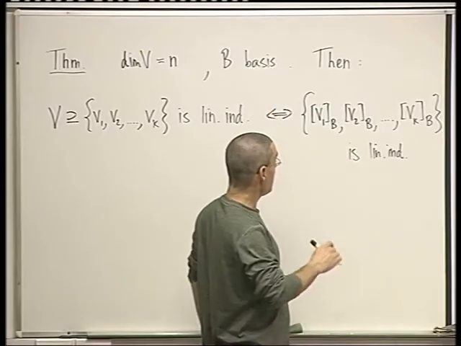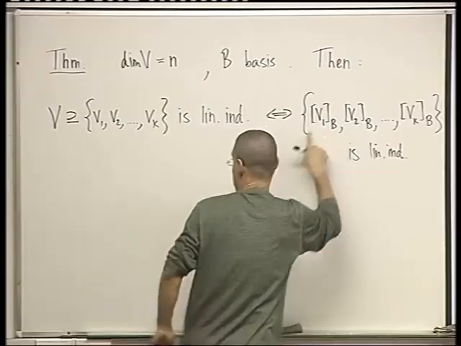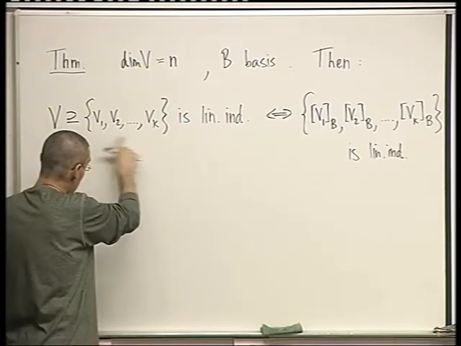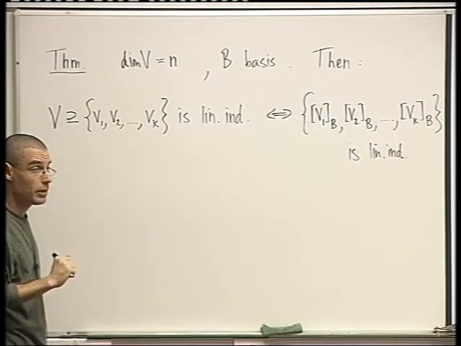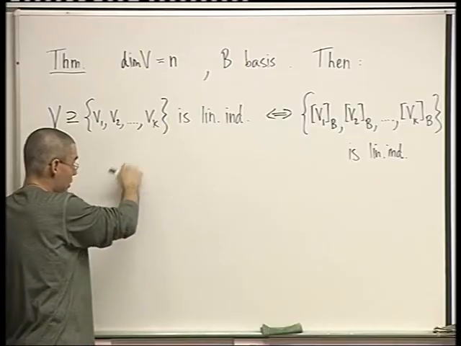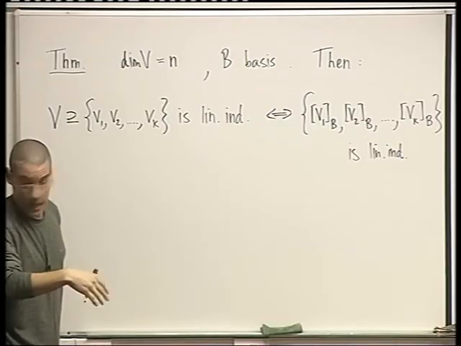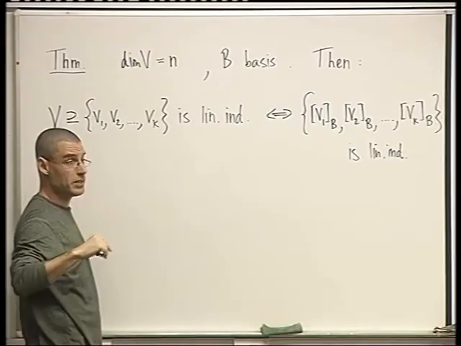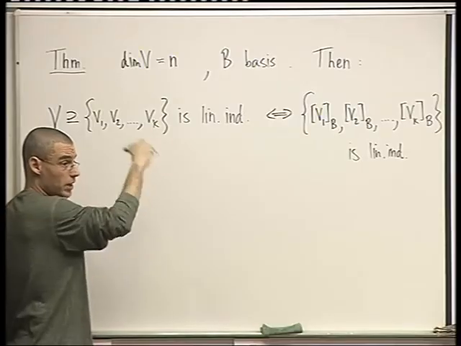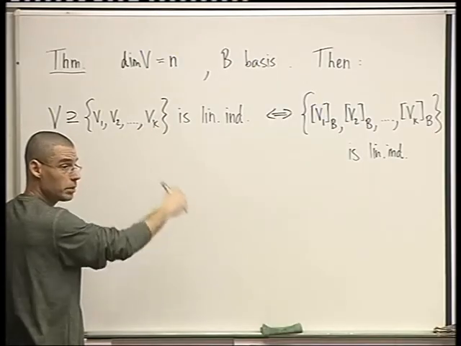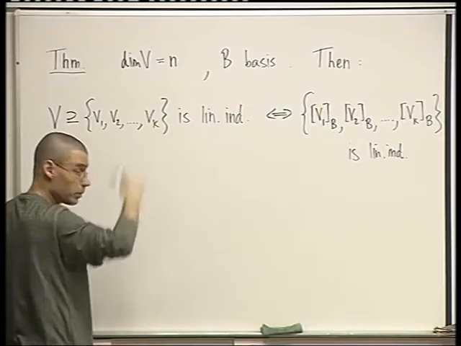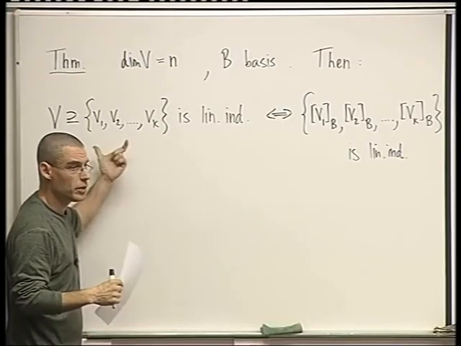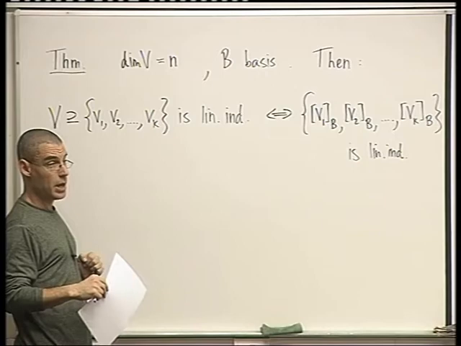Okay? But if you think, for example, of, let's say V is 2 by 2 matrices. Okay? And then these guys are all little 2 by 2 matrices. And writing them as a linear combination of the basis, let's say we're taking the standard basis for the 2 by 2 matrices, (1, 0, 0, 0), (0, 1, 0, 0), (0, 0, 1, 0), and (0, 0, 0, 1), then the coordinate vector is the alphas, right?